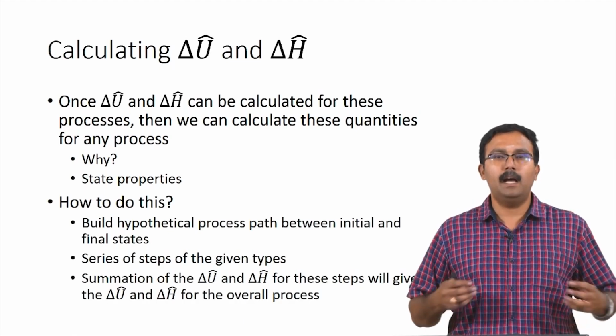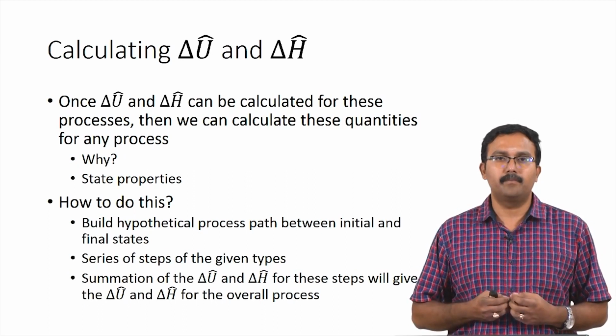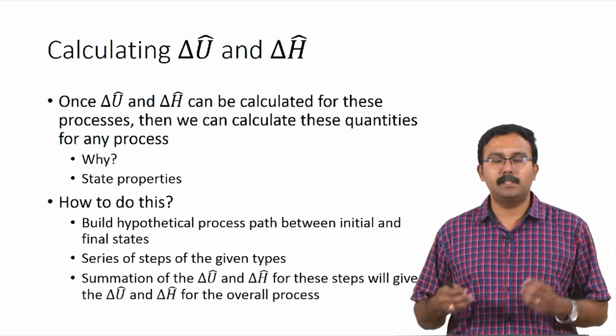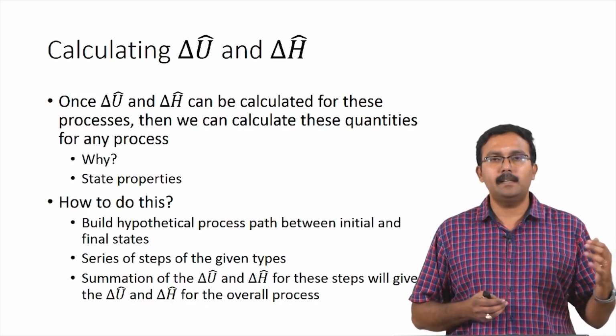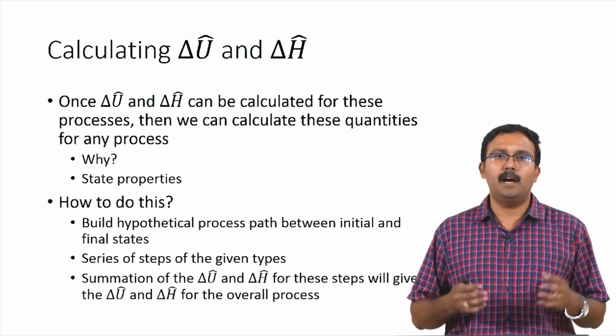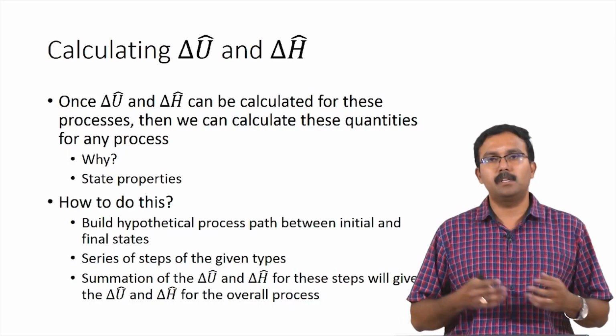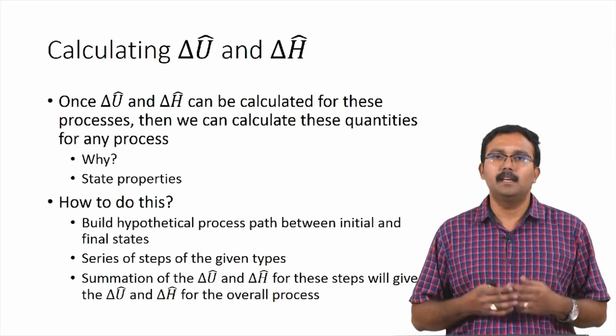We will be building a hypothetical process path between the initial and final states. We will explain that in greater detail with some examples, but what we basically do is we create a series of steps which are of the given types, where you have only temperature changing at constant pressure and phase, or where you have pressure changing at constant temperature and phase, and so on.